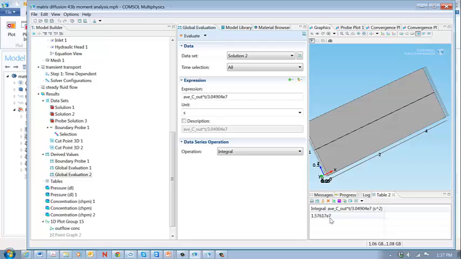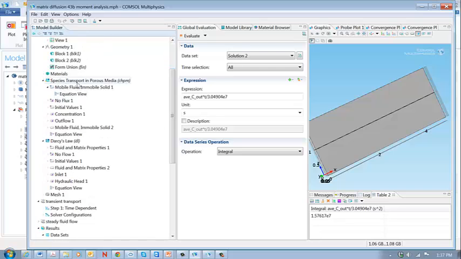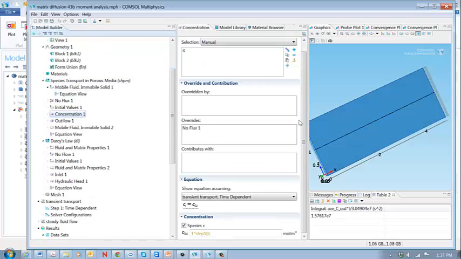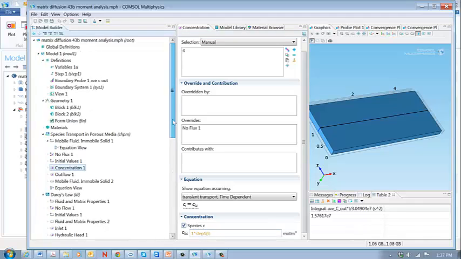Now this is the mean residence time, and if I look back up here at the boundary conditions for the species transport analysis, the concentration on the inflow is equal to 1 times this step. This is actually a pulse test, and the pulse starts right when we start the analysis, and this step 1 is the width of the pulse.